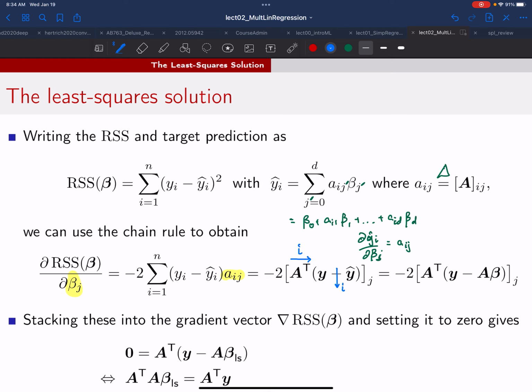It has to be the same index. And the index coming down the rows of A transpose is j. This is flipped: usually with the A matrix without the transpose, you have i down the rows and j across columns, and now when we put the transpose there, it flips the i and j. So this is the full matrix. If I take the jth entry, that means I'm just looking at the jth row here times this entire vector, and that gives me exactly this.